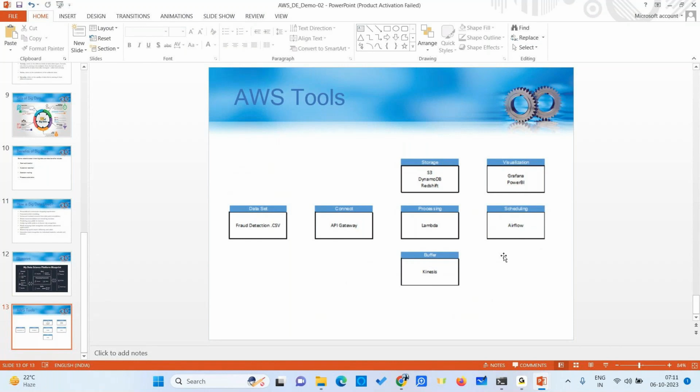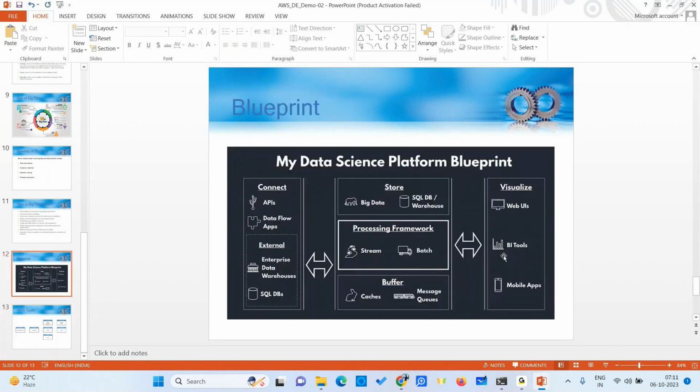Here in these three stages, if you go to the Azure cloud platform, they have their own tools for each layer. And if you go to the Google platform, they have their own tools. And if you want to use the open source stack, we have Hadoop, and then MapReduce, Scala, Kafka.